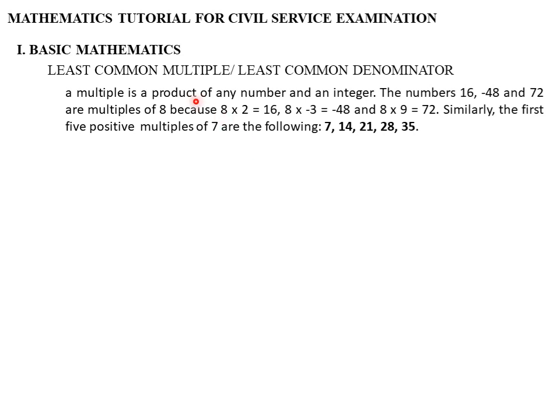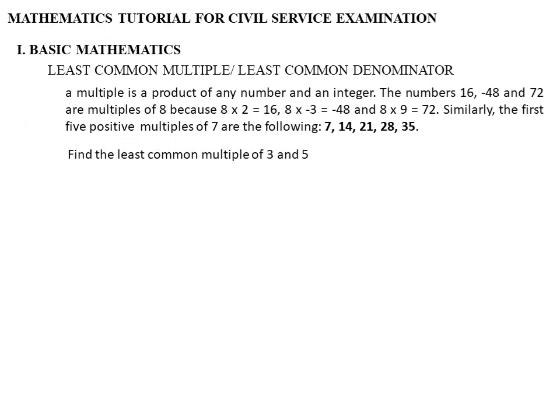So that is what we call the multiple. You can multiply it by itself, or you can add it to itself, like 7 plus 7 is 14. So let's try to find another sample.